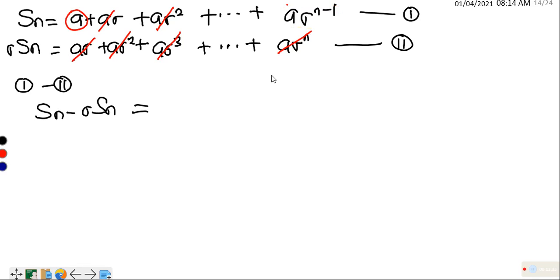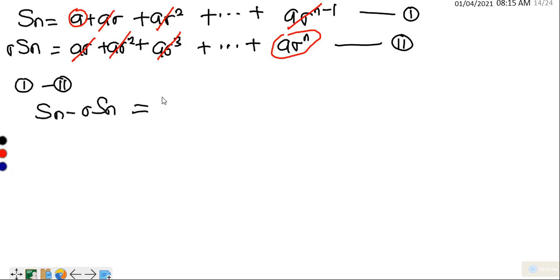That will not cancel. There are some terms here that will cancel this one, but no term will cancel that one. So we'll be left with this and this.